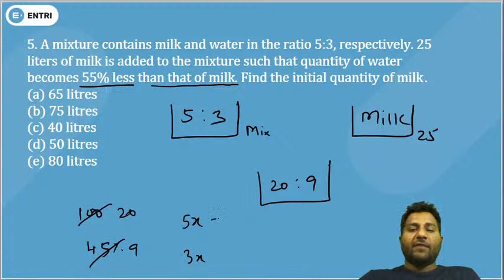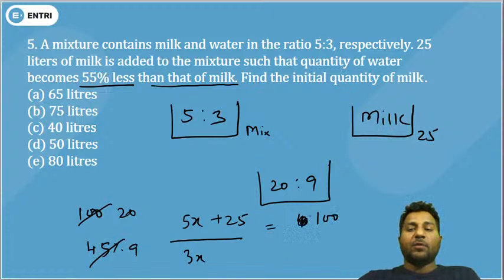Yes, in 5x you will be adding 25, while you are not adding anything in the water category. Then your ratio will become what? Such that the quantity of water will become 55% less than milk.